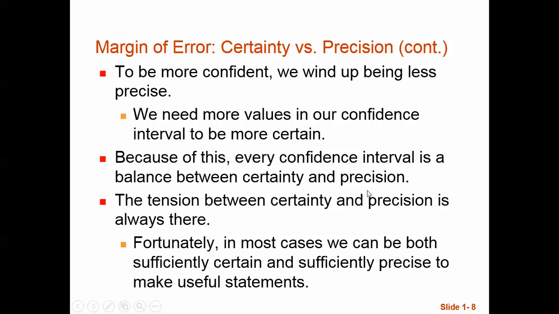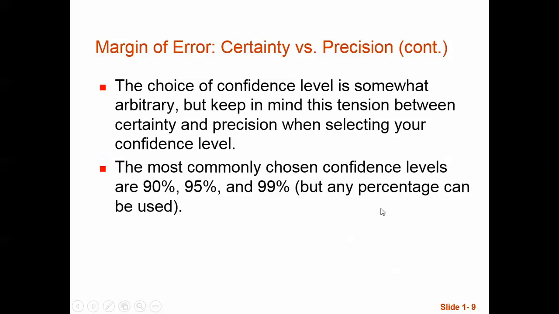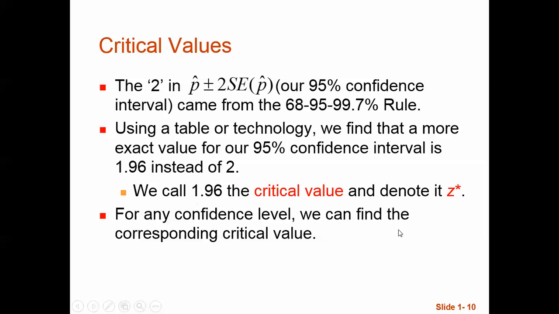So there's always going to be a tension between certainty and precision, and you're going to have to determine in a particular situation what's more important to you. If we can increase sample size, we can also increase confidence and precision at the same time. So the choice of confidence is somewhat arbitrary, but again, keep in mind that tension. The most commonly used intervals are 90, 95, and 99, but we can use any confidence level.